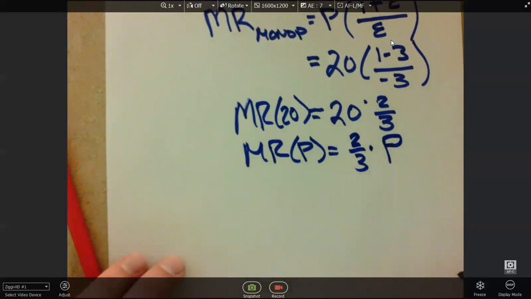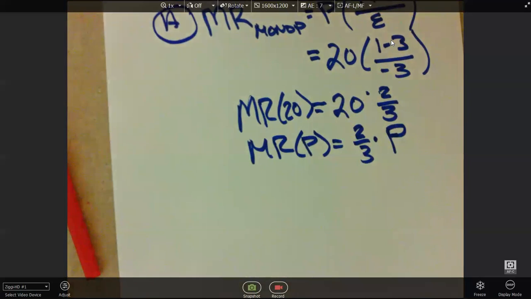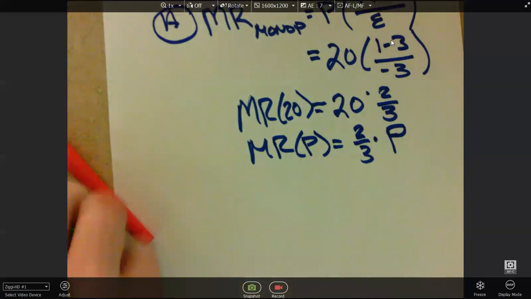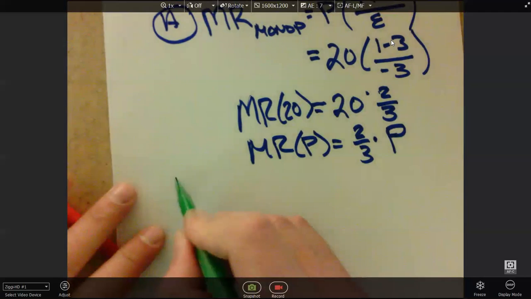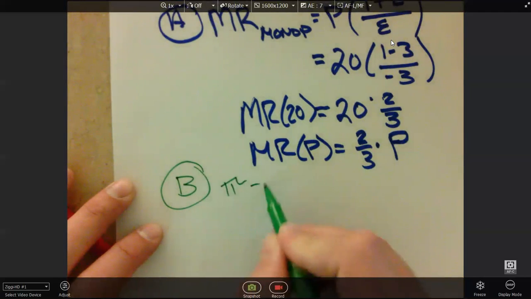And then we're asked, since the monopolist maximizes profits where marginal revenue equals marginal cost, what's the profit maximizing price?